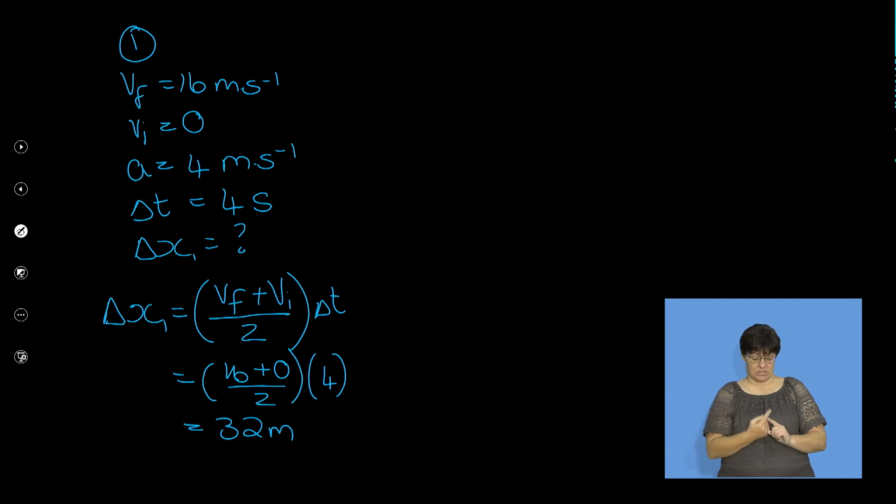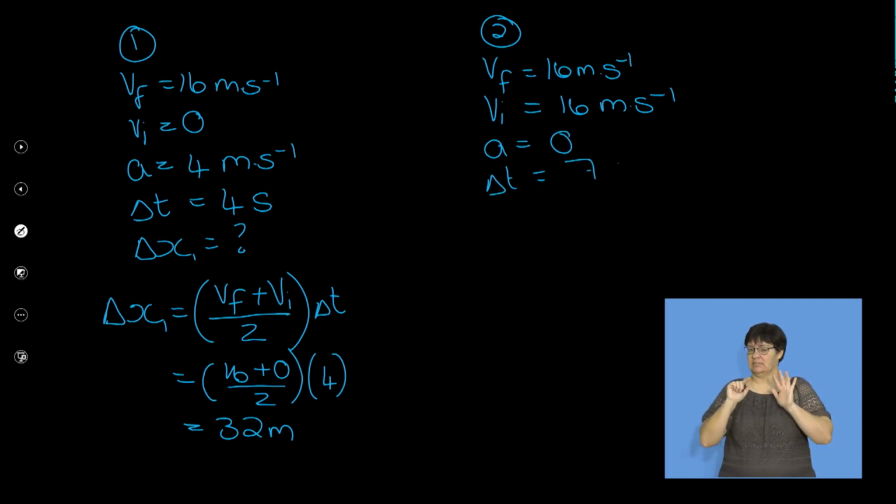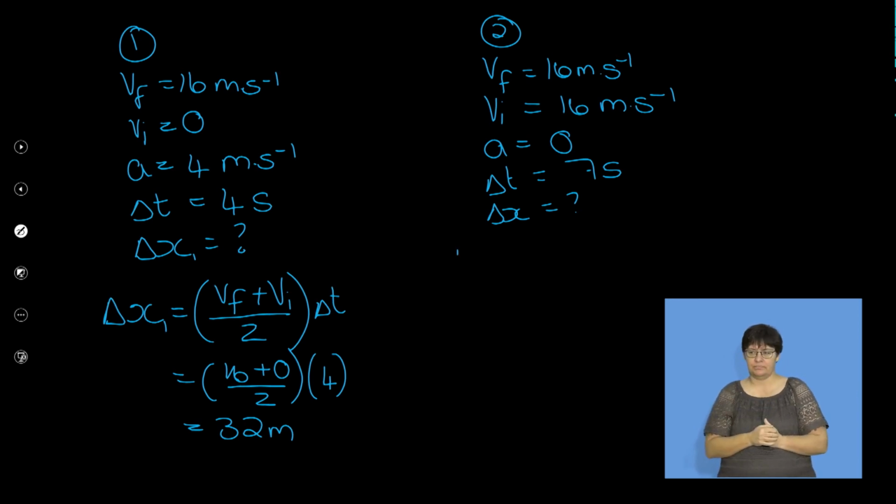That's the first part. Now we need to do the second part. Vf is 16 because there was no change in velocity. Vi is 16 because that's what we calculated. A is 0. Delta t is 7 seconds this time, and I want delta x. I'm going to use exactly the same equation, and this is x2.